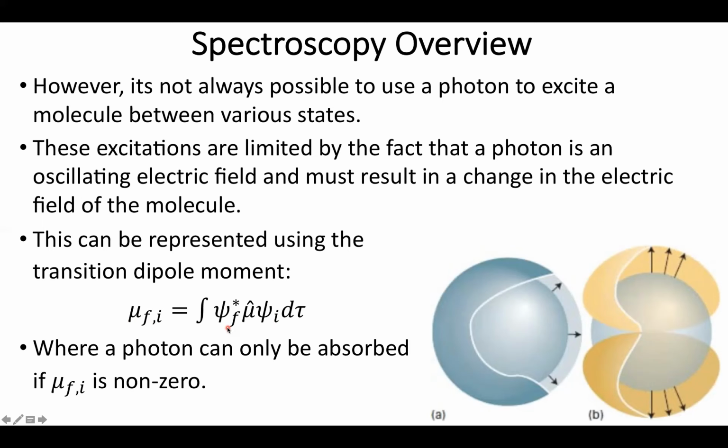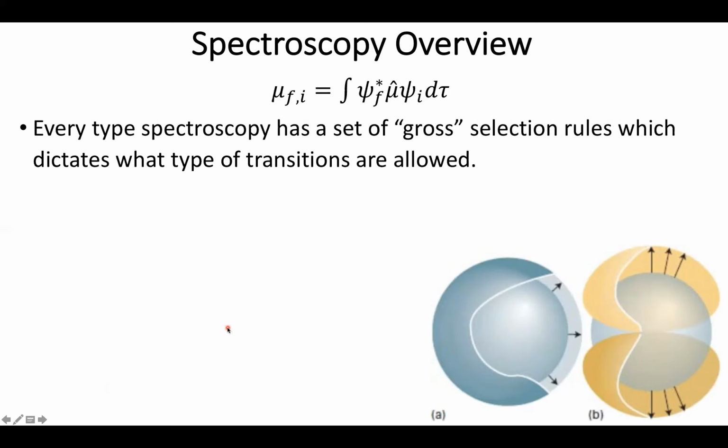And as a result, what we find is that certain types of spectroscopy have what are called gross selection rules. So this essentially is a type of rule that dictates what kinds of spectroscopic transitions are allowed and which ones aren't. And it is worth noting that all types of spectroscopy are going to have their own set of rules.